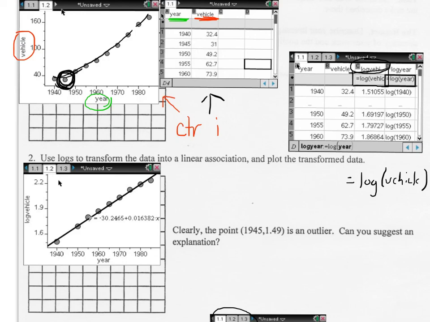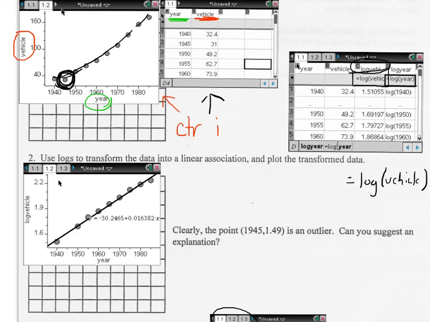Why could that be? Well, cars are made of metal, and back in 1945, World War II was going on, and they took all our resources, especially metal, and used them for the military. So that could be a really good explanation why the number of cars dipped in that particular year, because they were putting all our resources, such as metal, into making weapons for the war, tanks, artillery shells, everything that was made of metal.